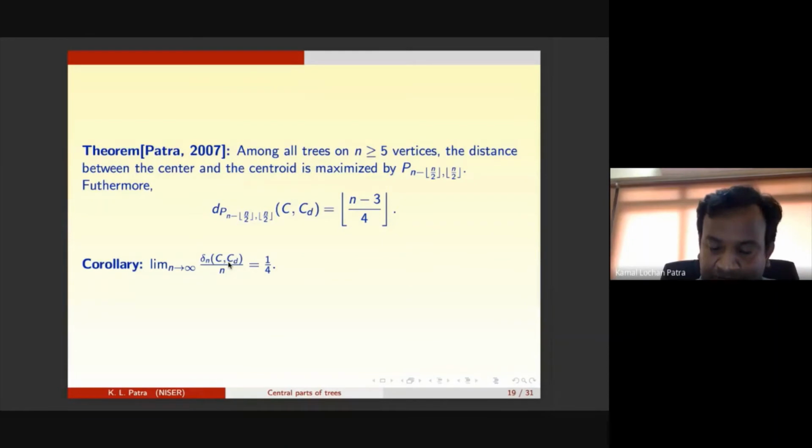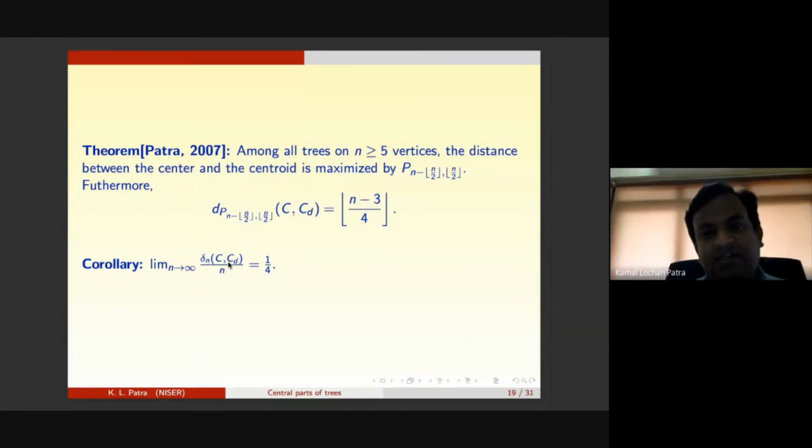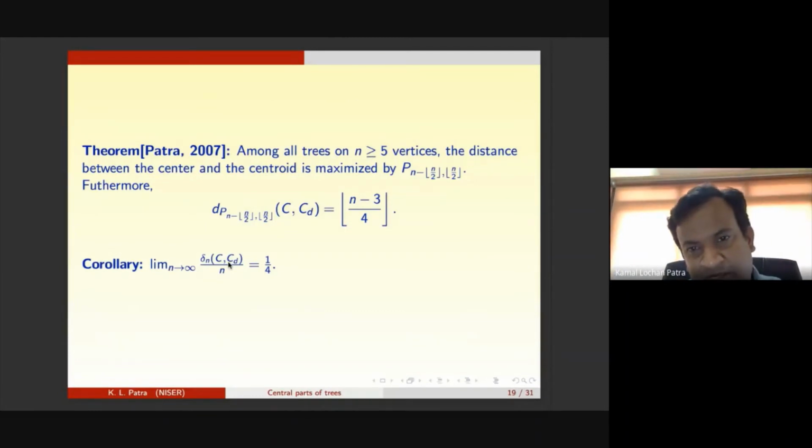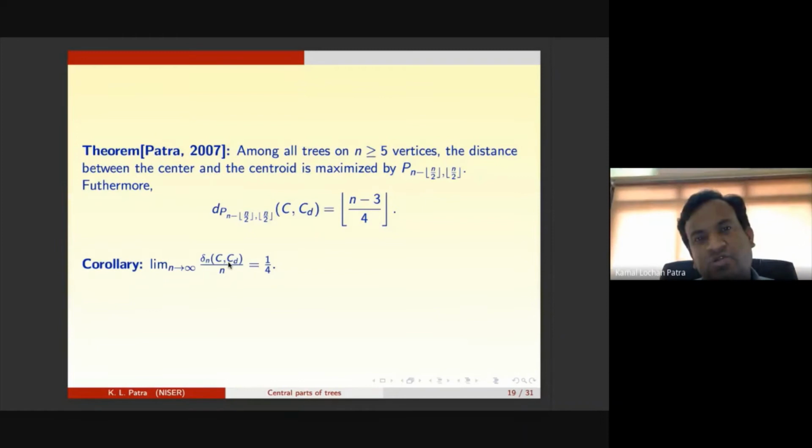But for the characteristic set, the study of movement is a little trickier. For that, we need some results by Kirkland and co-authors, which they proved in 1996, where they studied the movement of the characteristic set in a tree.